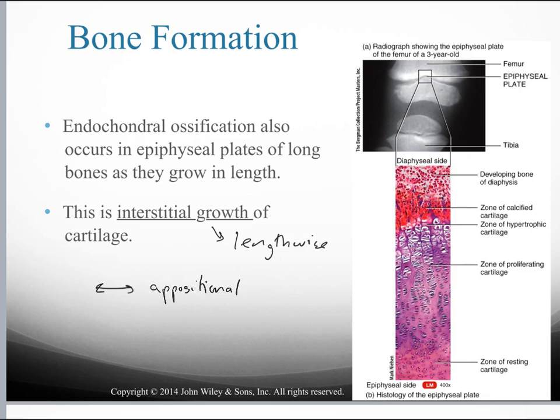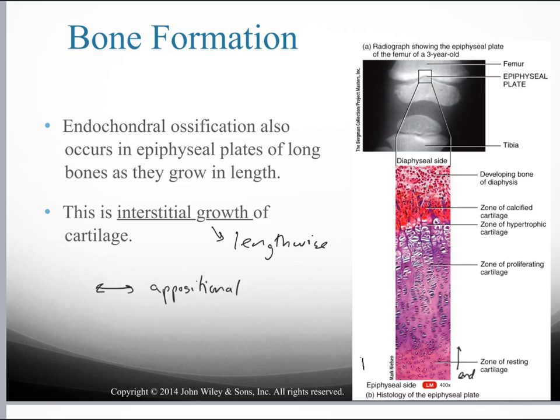Now let's look at some of these layers. So we go to the epiphyseal side, the end of the bone, the epiphysis, and we're going to work our way to the diaphysis, to the shaft. So we're going from the end of the bone towards the shaft, towards the middle. I'm going to give you a mnemonic to help you remember the zones.